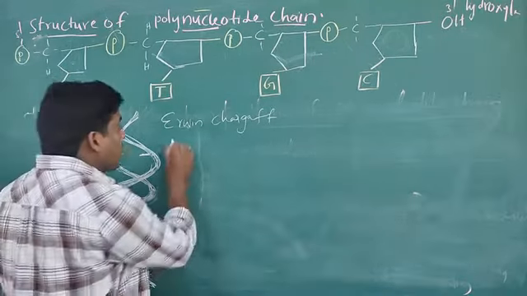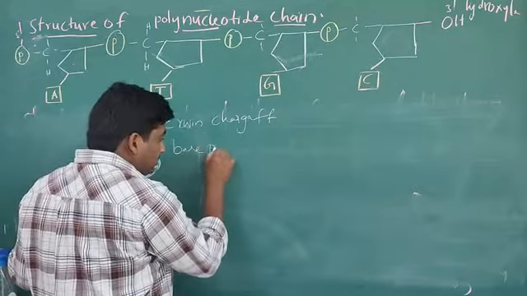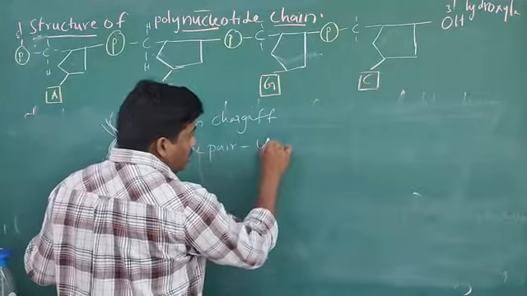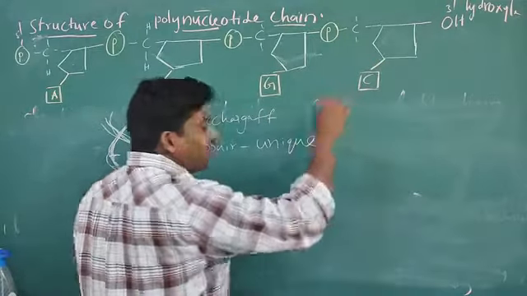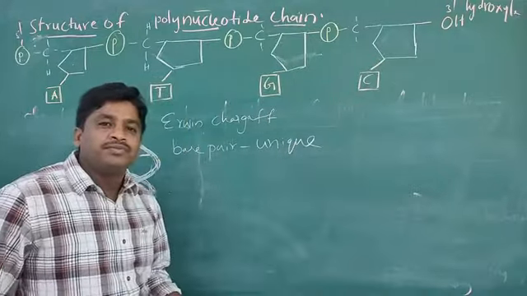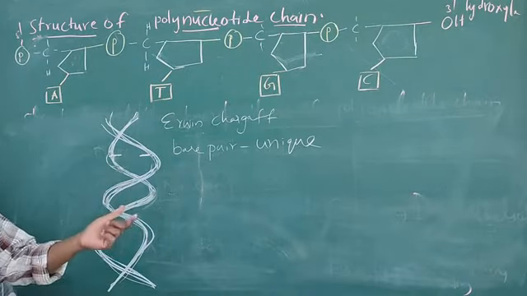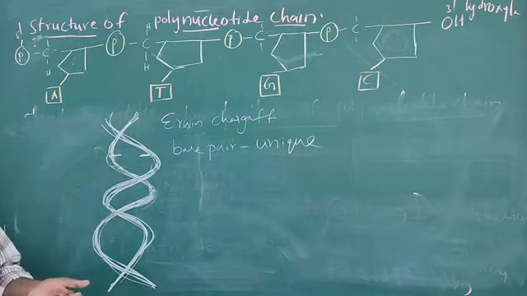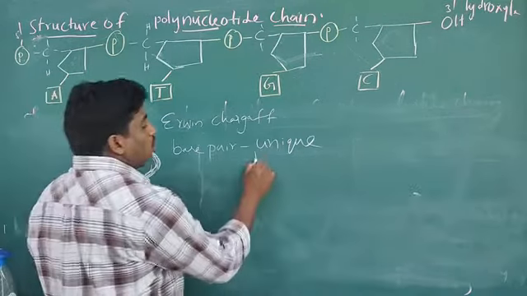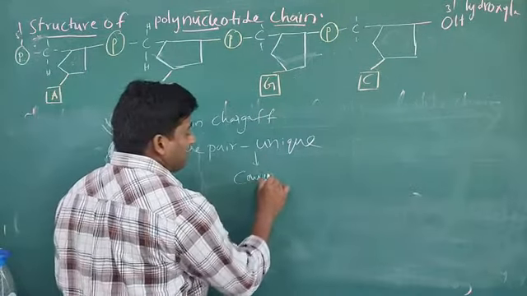So this base pairing is the unique property of the polynucleotide chain. That's why it is said to be complementary.